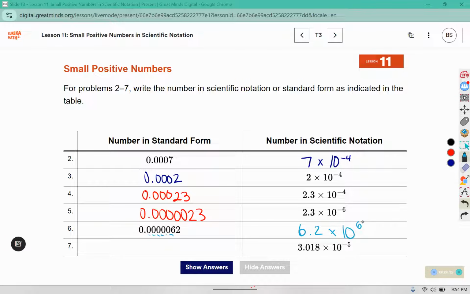A million would be to the 6th power, but millionths would be the negative 6th power. Here that 3 is going to go in the 100,000ths place. Tenths, hundredths, thousandths, 10,000s, 100,000s, and then we fill in the rest. And we can check our work here.